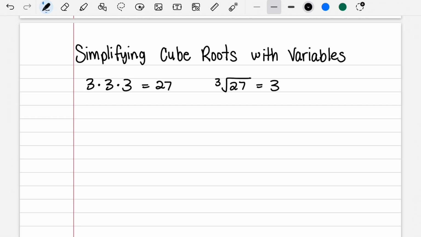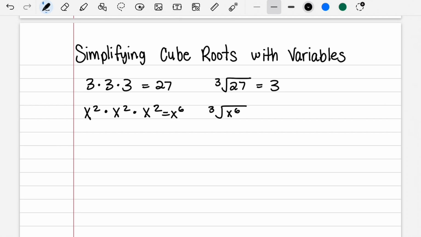However, when it comes to variables, when I multiply it by itself 3 times, I'm not multiplying the variables. Remember, I'm adding their exponents. So 2 plus 2 plus 2, or 2 times 3, gives us x^6.